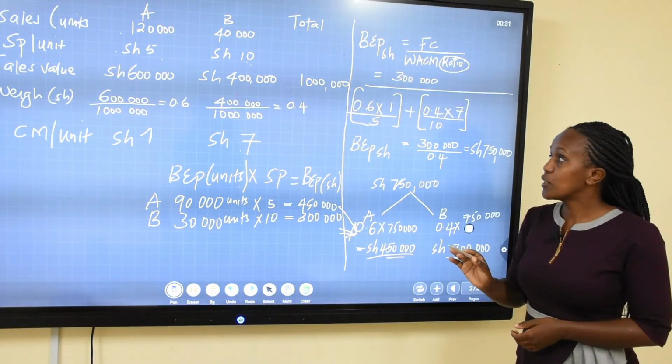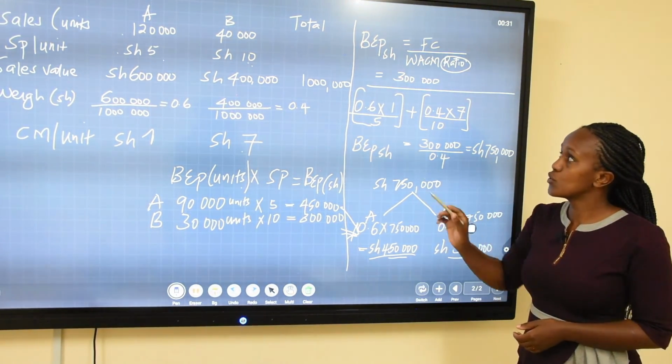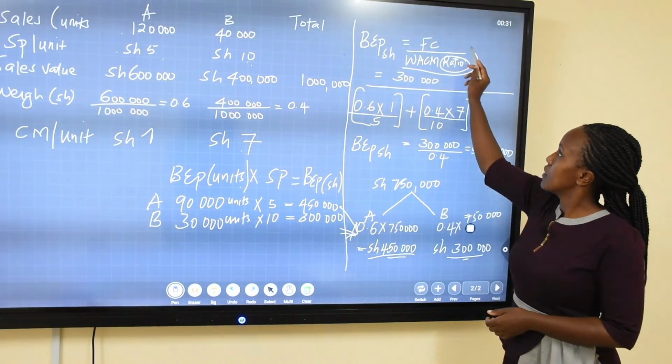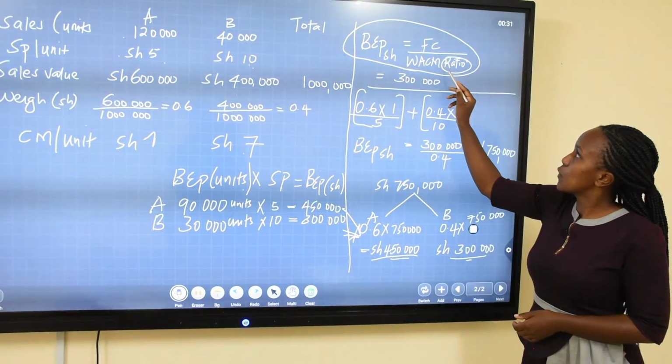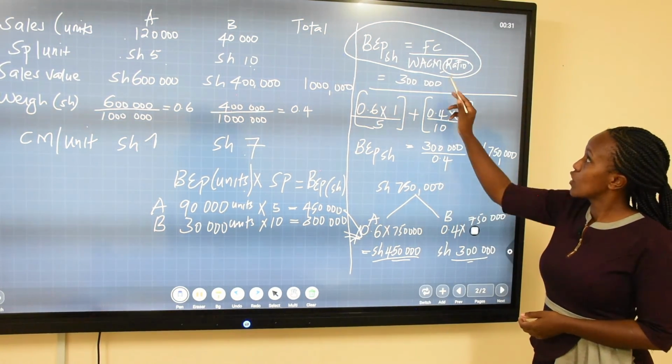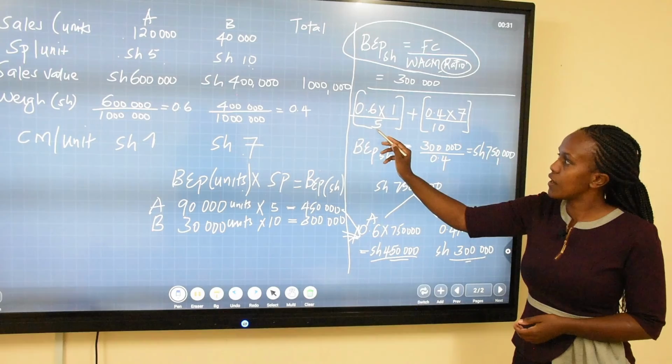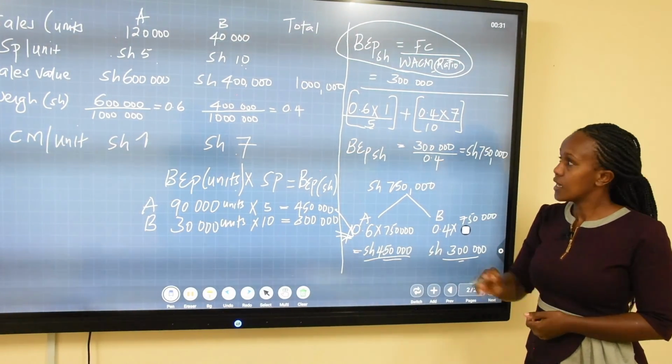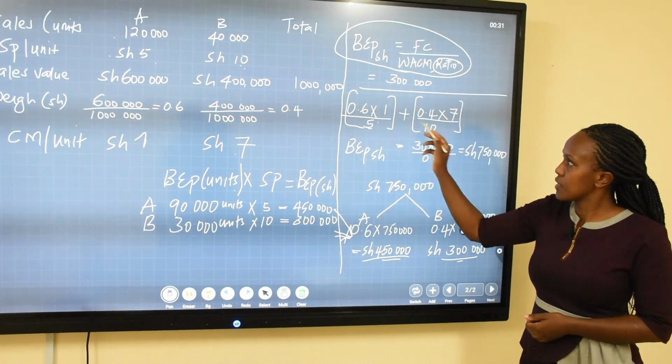So now, of importance to note is that when you want to use this formula, you must remember that the weight has to be computed in terms of sales value, and also the contribution margin ratio requires you to have the denominator of selling price in the working.